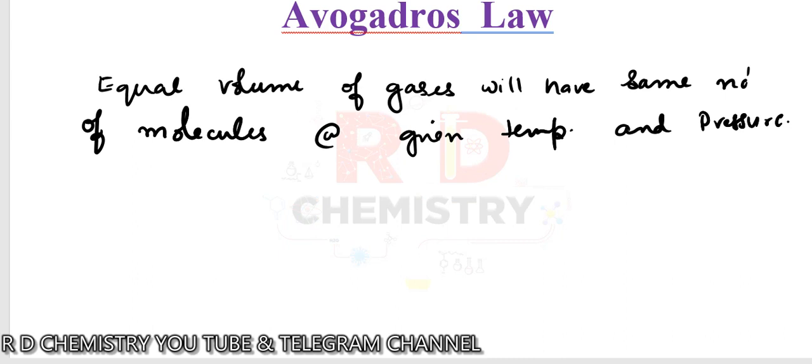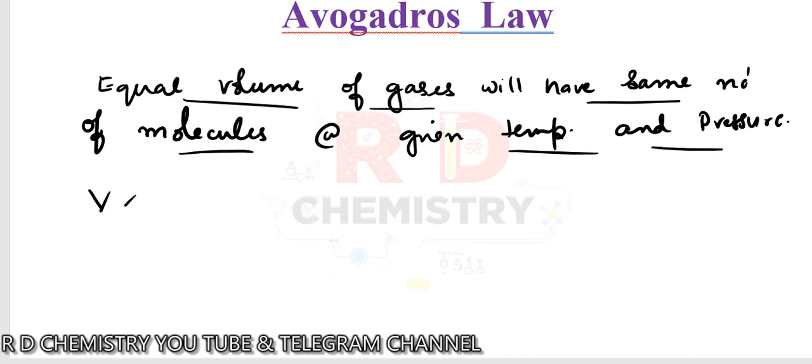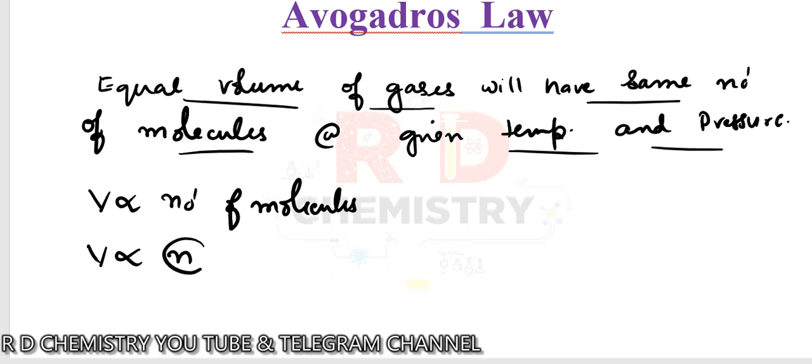What is Avogadro's law? According to Avogadro's law, equal volumes of gases will have the same number of molecules at a given temperature and pressure. That means the volume is directly proportional to the number of molecules. The number of molecules can be conveniently converted into the number of moles. So V is directly proportional to the number of moles.